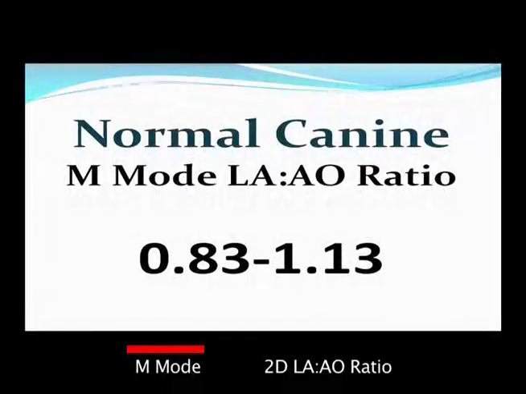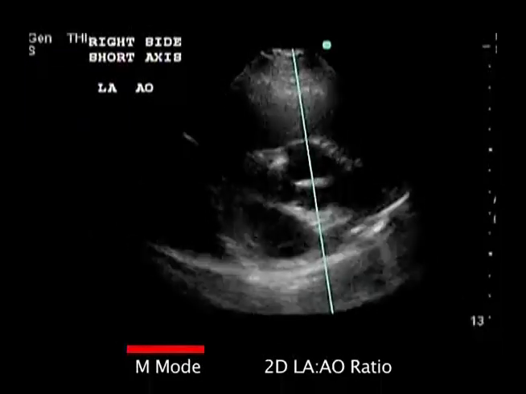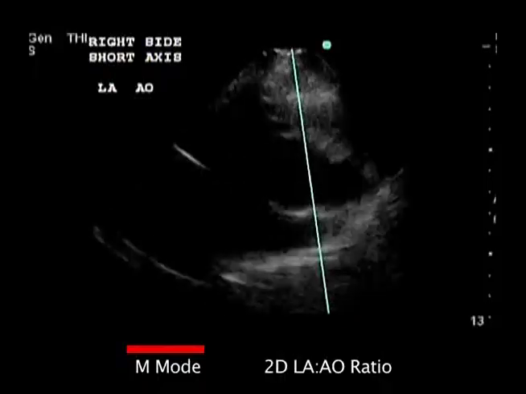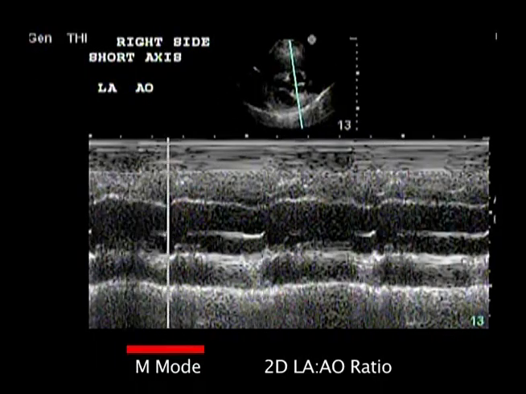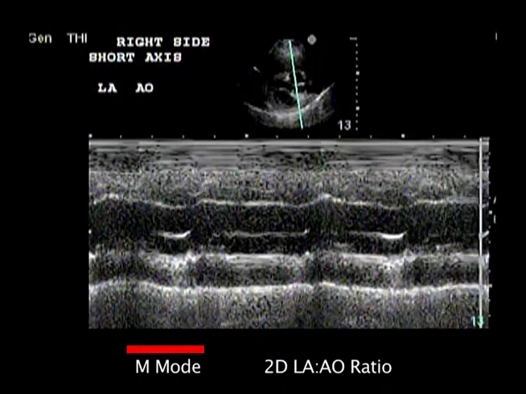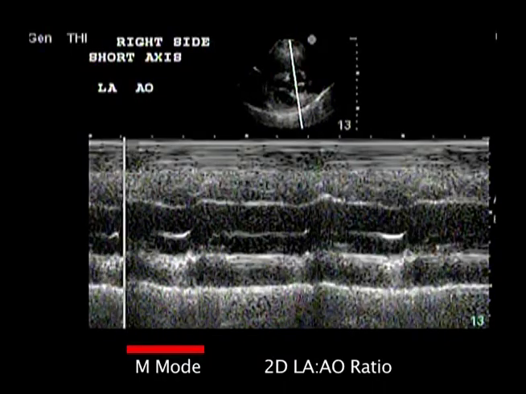The normal M-mode left atrial to aortic ratio, LA-AO ratio, in the dog is 0.83 to 1.13. Ratios lower than 0.83 indicate an inaccurate left atrial measurement, usually due to poor placement of the M-mode cursor.